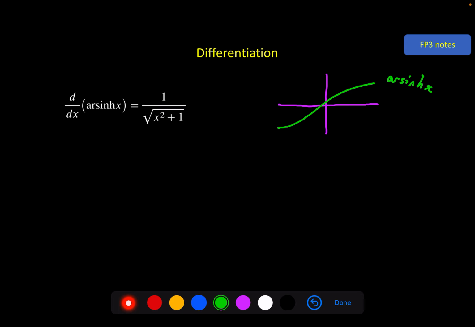And very simply, I'm going to justify this by just saying there is no negative gradient on this graph. Although mathematically, when you do a square root, often you should have plus negative options. Here, when you consider what it means, the gradient of this function, there is no negative. So I don't need it. And if I were to put it in, it wouldn't be true.